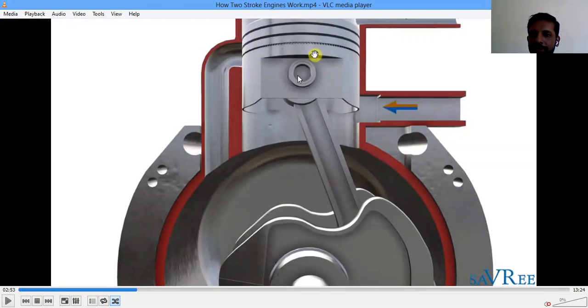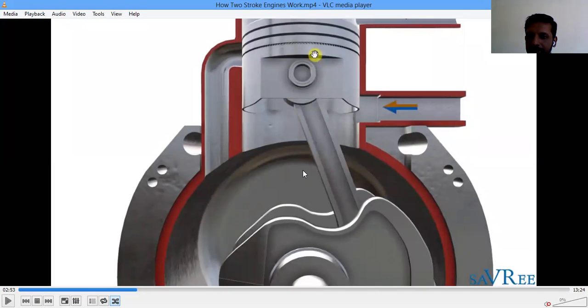Second thing: since the piston is moving towards the crank end, compression is going to take place, because the volume that was present previously has now decreased as the piston is moving downward, towards the crankcase.